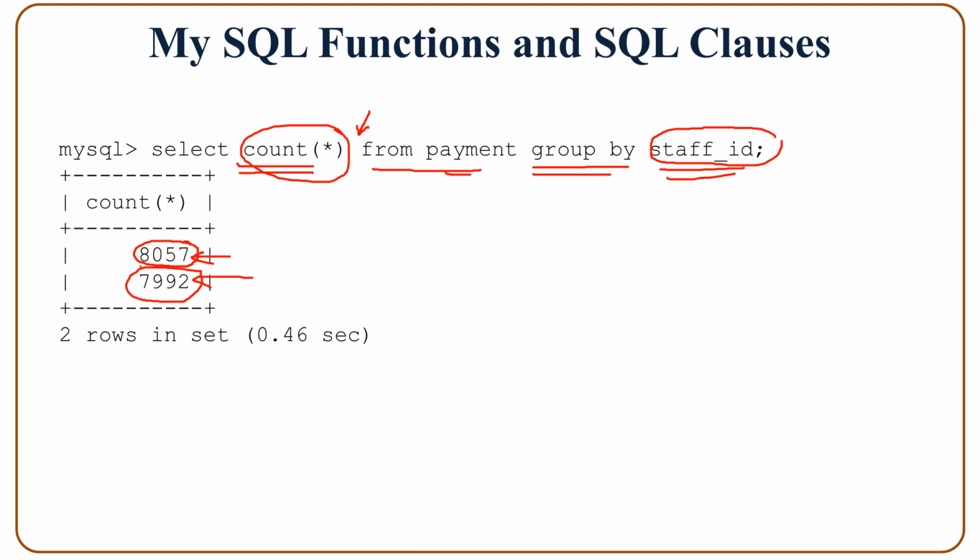So for example, you can add staff ID as the first field, and then comma, and then count star is the second field. Then in the result, you see staff ID here, maybe 1, 2.